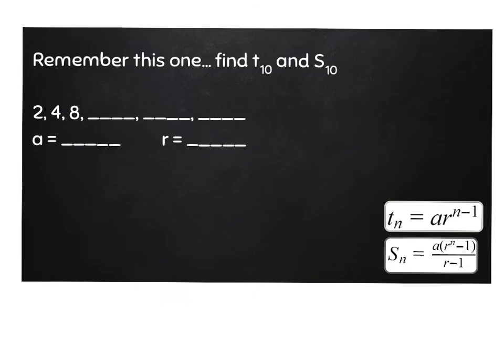Remember this one? 2, 4, 8, then we'll go 16, 32, 64. So we're multiplying by 2 every time, so the common ratio is 2, and the initial value is 2 as well. So to write the general term, Tn is equal to A, which is 2, times r to the n minus 1, so 2 to the n minus 1.